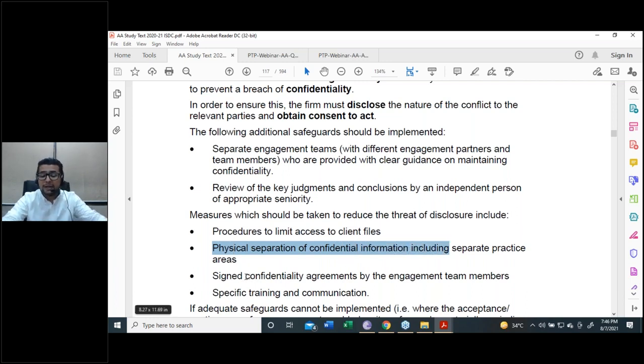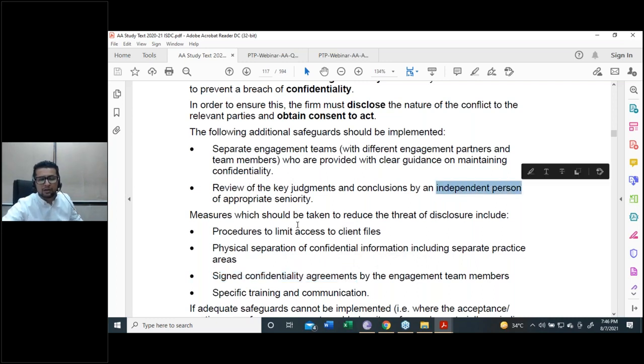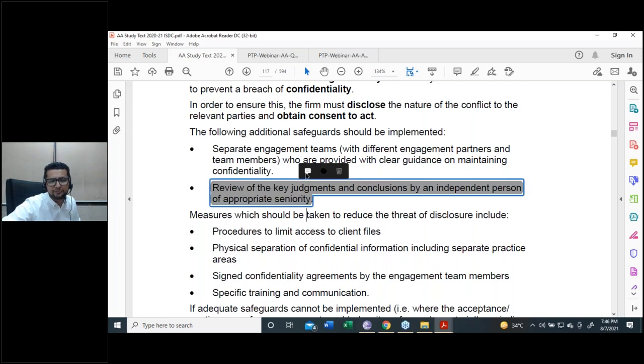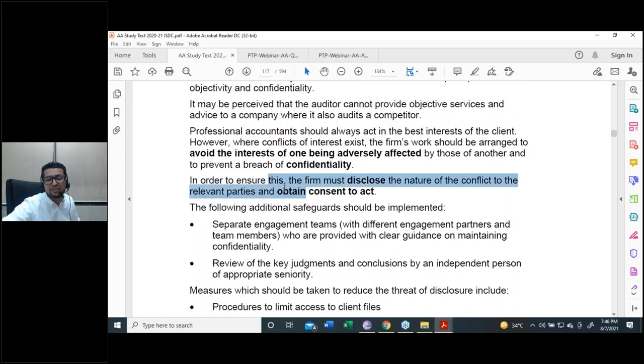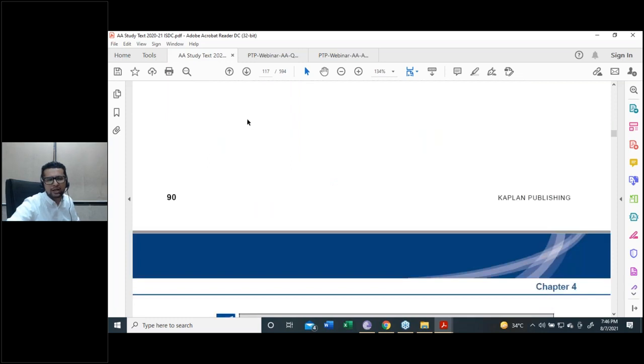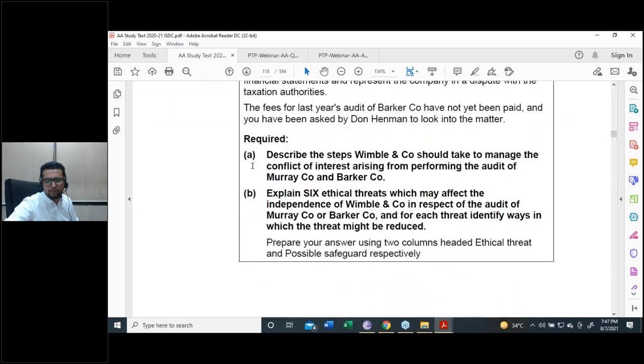All the engagement teams, both for Toyota and Honda, need to sign a confidentiality agreement. You have to apply an independent person of appropriate seniority who is going to apply key judgments. And you have to make sure that both clients have given consent to that. So if you can apply all these things, you are allowed to continue with both clients. This is called conflict of interest.